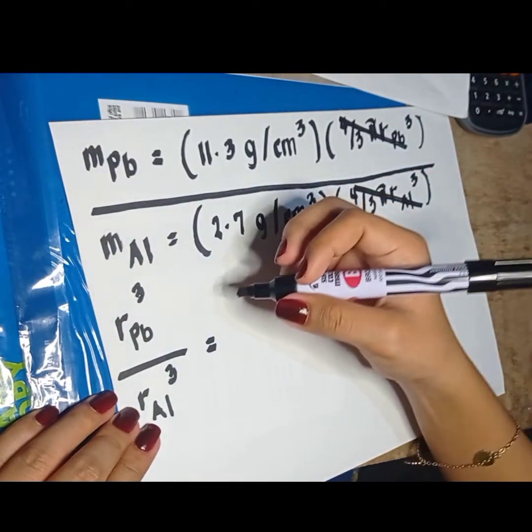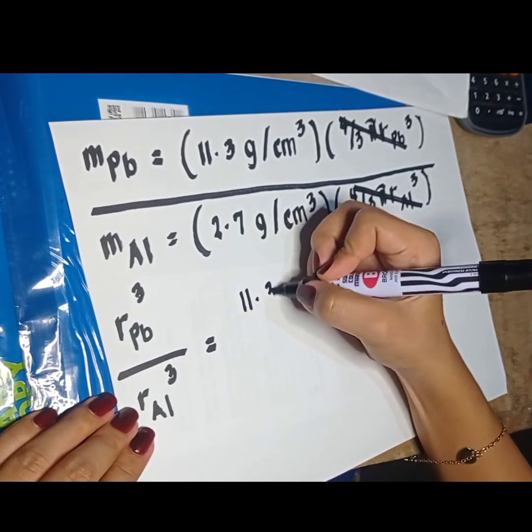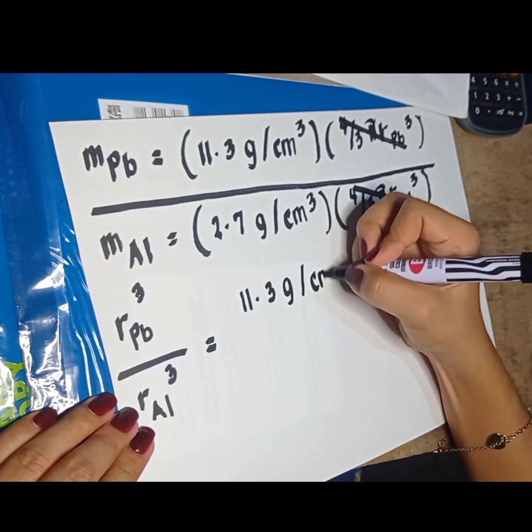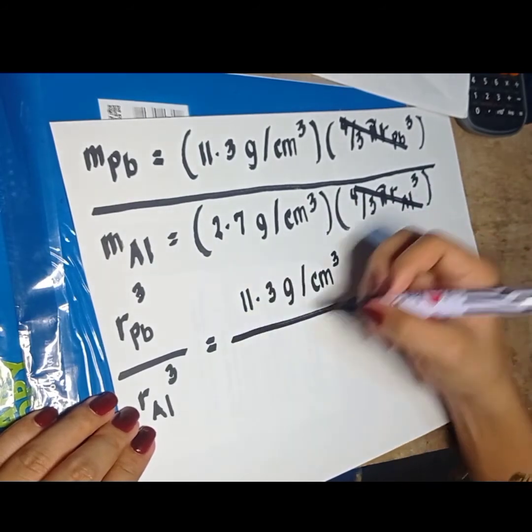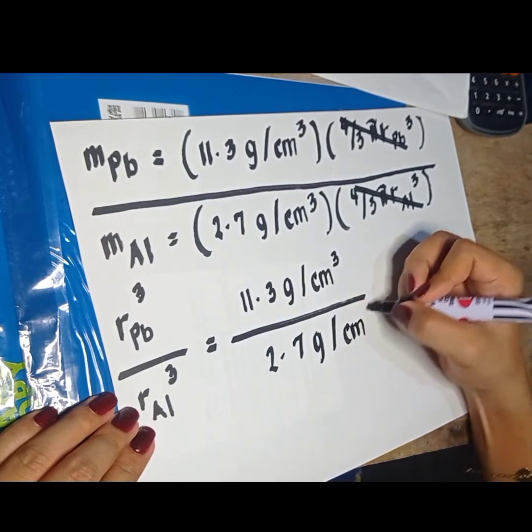For the lead, it is 11.3 grams per cubic centimeter over 2.7 grams per cubic centimeter.